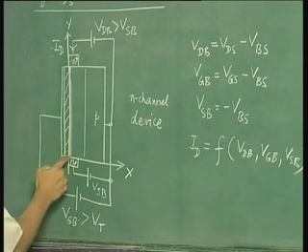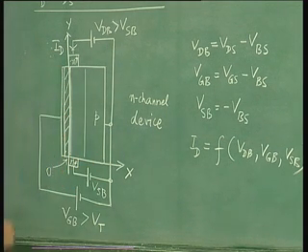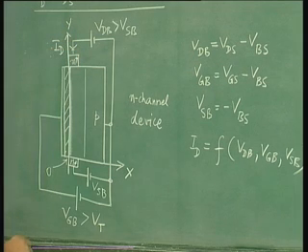So you vary the distance from 0 to x in this direction and 0 to y in this direction. Now we are considering the effect of applying a VDB more than VSB.